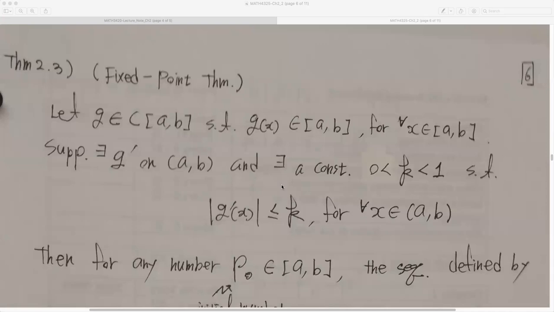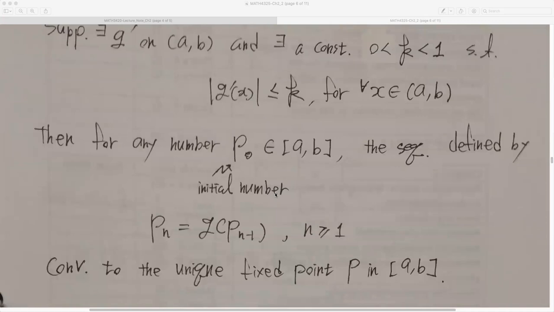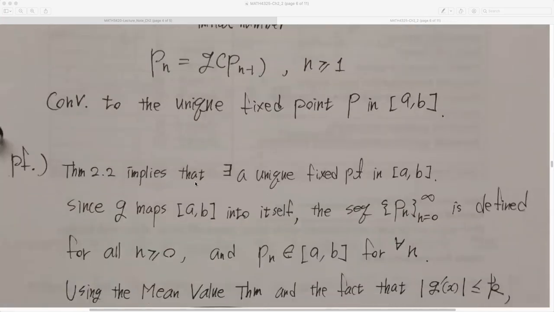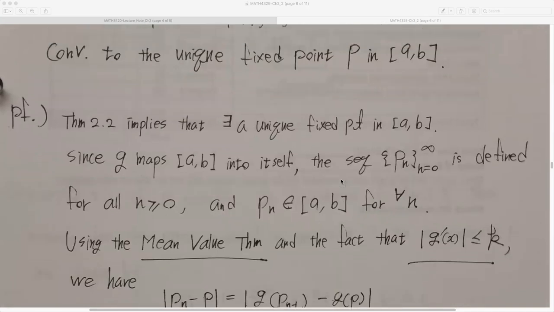So theorem 2.3 guarantees the conclusion of theorem 2.2, that there exists a unique fixed point. So you don't have to worry about the existence and uniqueness of the fixed point.